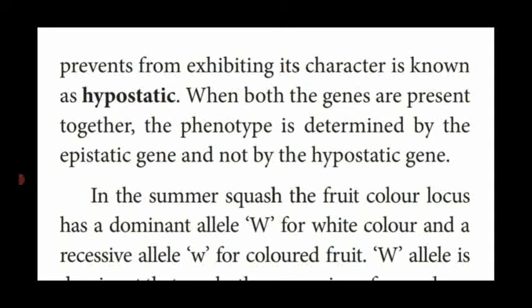If both epistatic and hypostatic genes are present in the same organism, the phenotypic character is determined by the epistatic gene, not by the hypostatic gene. For example, they have given summer squash, the cucumber-like vegetable, and the color of the summer squash.